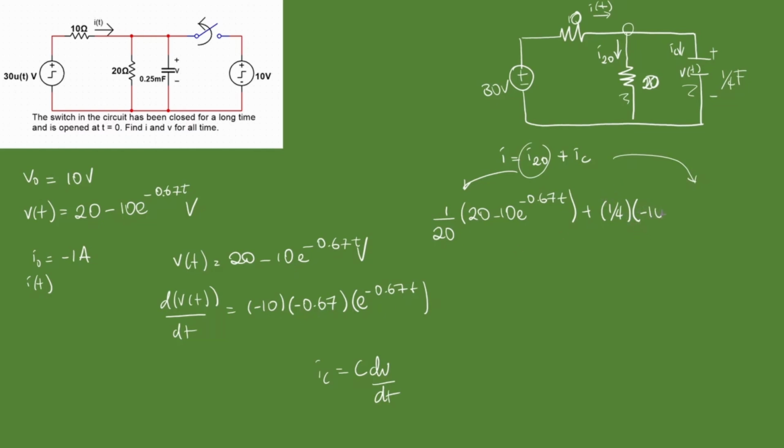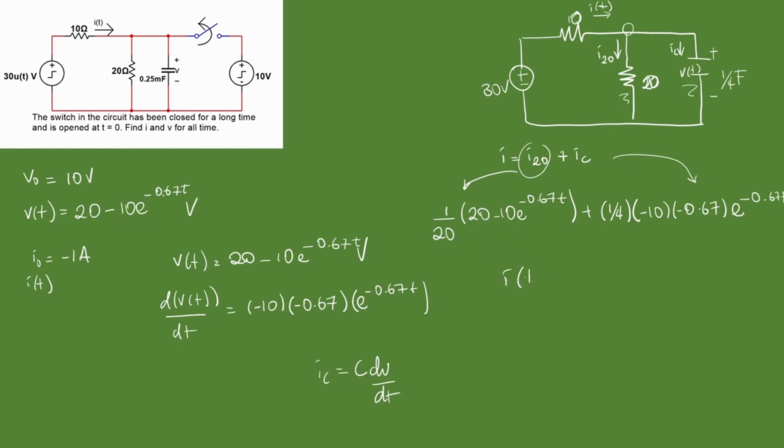Minus 10, minus 0.67, and e to the minus 0.67t. Alright, so to simplify this, what do we get?